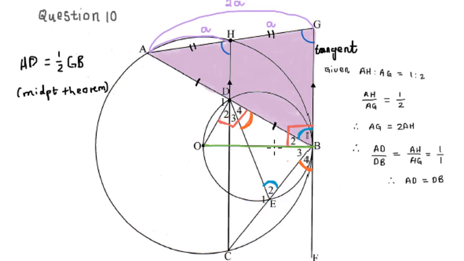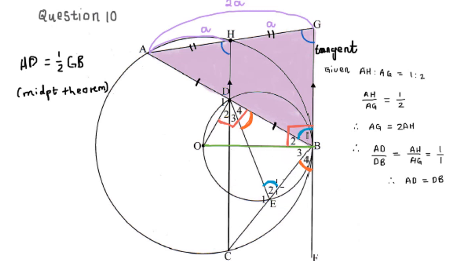Let's see if we can use these parallel lines any further. We've already used corresponding angles. Maybe we can find something else. Let's try to look for alternate angles. There are the parallel lines, and a transversal is just a line that connects the two parallel lines. One of the transversals that is quite useful here is this transversal BC, connecting these two parallel lines.